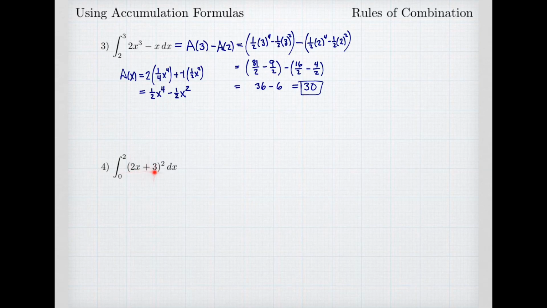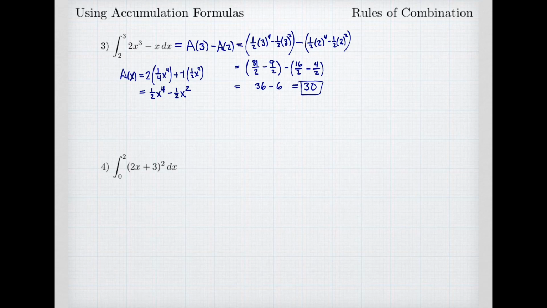For our last example, when I look at my accumulation rate, I see that it's a square. It's 2x plus 3 squared. Now, until we start using antiderivatives in the fundamental theorem of calculus, we don't know how to find an accumulation formula for a rule associated with squaring. And there's no rule in definite integrals for products.